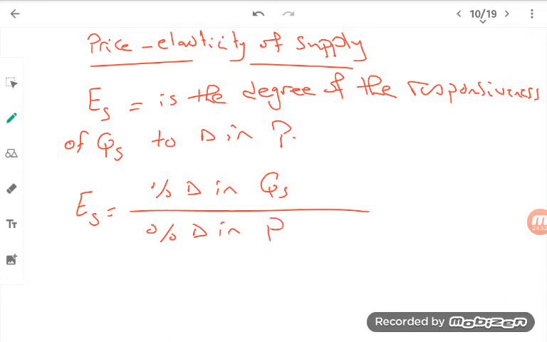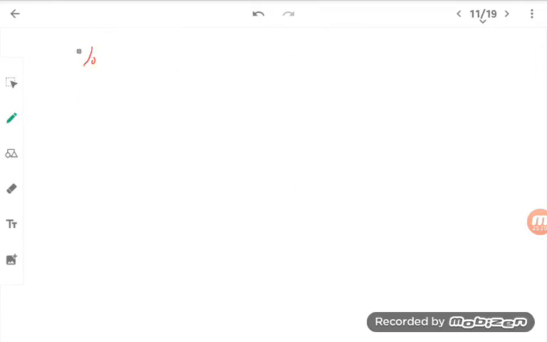Percentage change in QS is calculated as a change in quantity over average quantity, and percentage change in price is calculated as a change in price divided by average price.